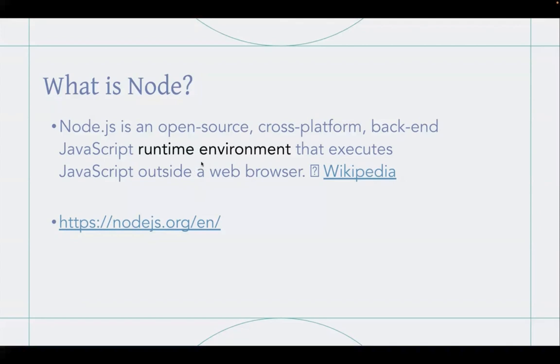When you think about Node, just think about like a way to run JavaScript on a terminal window, right? Before Node, the only way that you could write JavaScript or you could run and execute JavaScript was in the browser, in a web browser. Now, Node makes it possible to run JavaScript in a terminal window. Okay, so it's a JavaScript runtime environment.